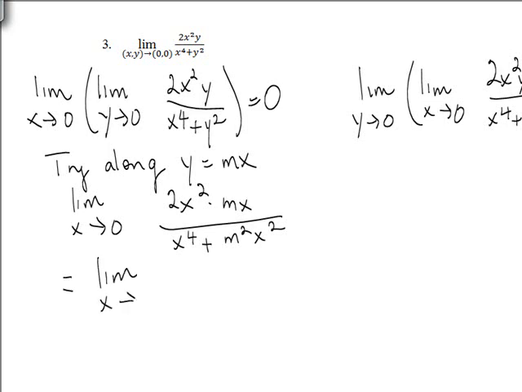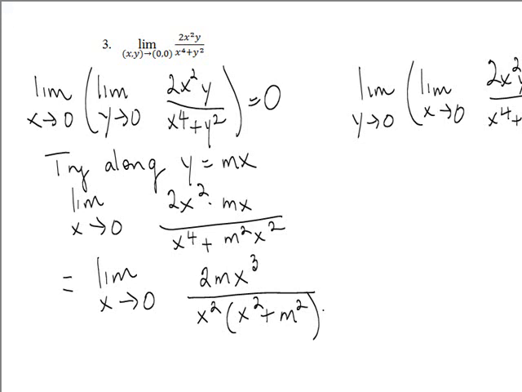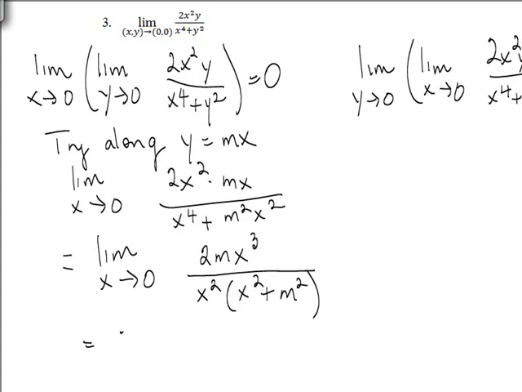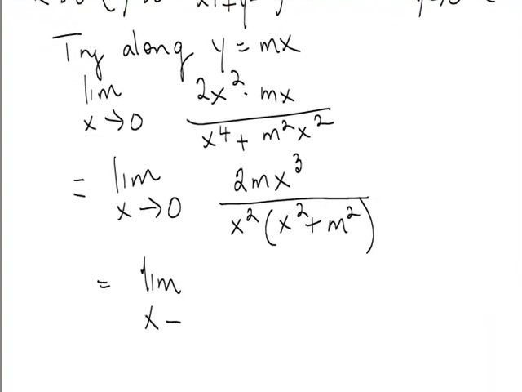The numerator is 2mx cubed over x squared times x squared plus m squared. I can cancel the x's. The top is x cubed, so at the top I'll have 2mx over x squared plus m squared.